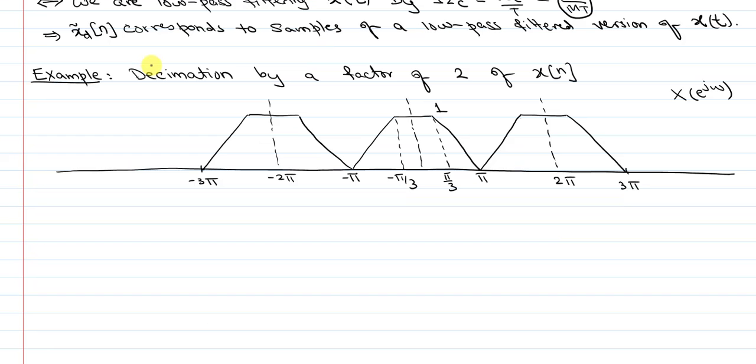So let's take an example of decimation of a sequence by a factor of 2. We are given a sequence whose Fourier transform is as shown in this figure, and we want to do decimation by a factor of 2. The first thing that decimation involves is we low pass filter this by an ideal low pass filter with cutoff, since it's by a factor of 2, omega c equal to pi by 2. So this is our low pass filter.